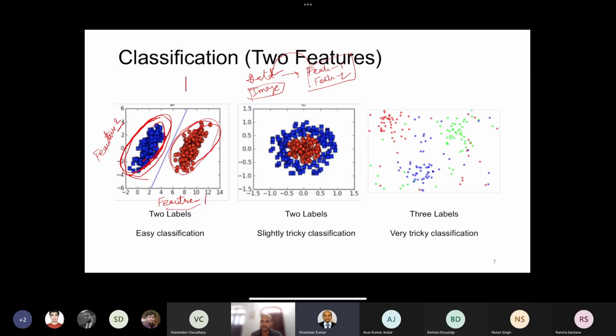So if a new data point comes during the operation phase, the machine learning algorithm will be able to easily identify whether it is a COVID infected person or a normal person. Let me represent that with a cross. If you get a data point which is close to this cluster, you identify that this is a COVID infected one. But if you get something which is near to this cluster, then you say that this is a normal person.